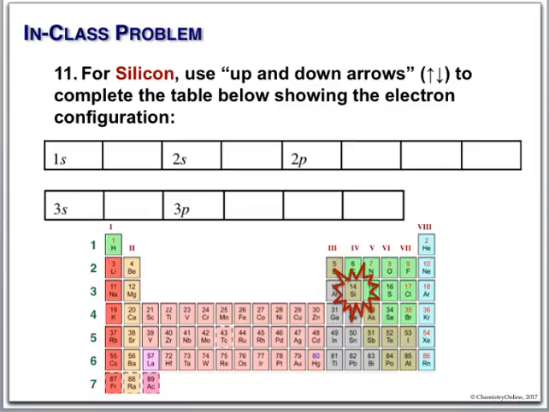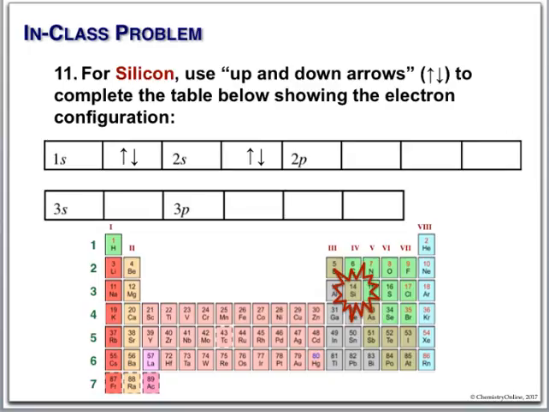Therefore, the 1s, which would be here and here, is full. The 2s, that's this one and this one, it's full. Now our 2p's, we have 1, 2, 3, 4, 5, 6 electrons in the 2p's.